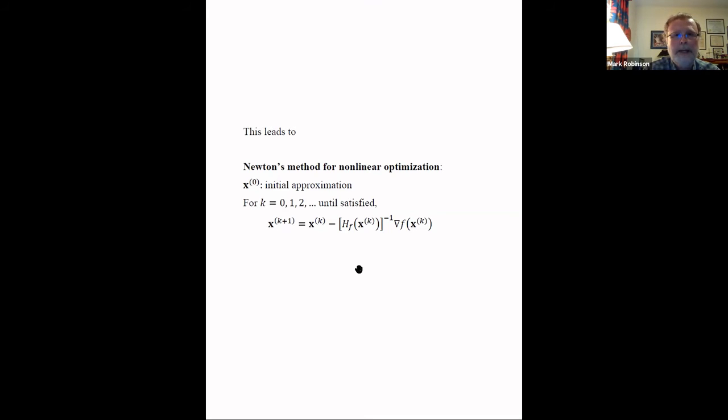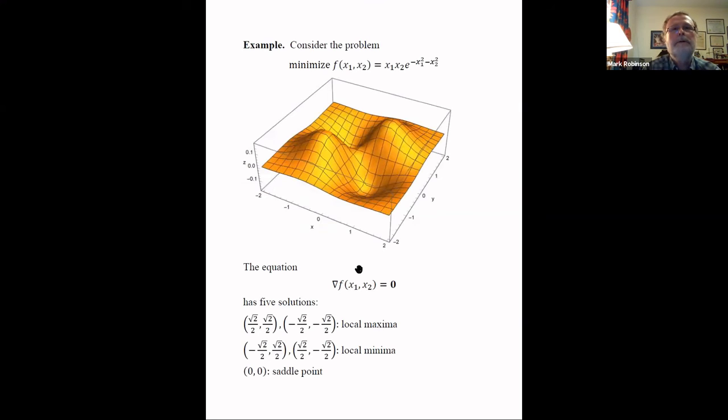So I'm going to do an extremely elementary example. This is sort of a classic example. You would find this example or one very much like it in a multivariable calculus book when you are dealing with the question of optimization, right? Finding maxima and minima for functions of several variables. So here, very familiar example. We have f of x1, x2.